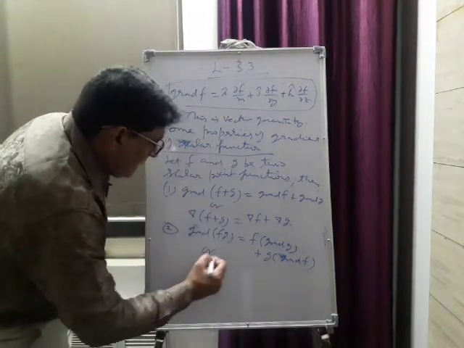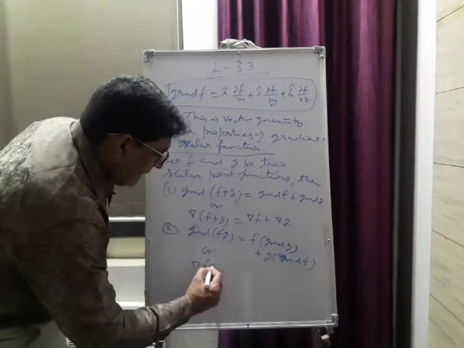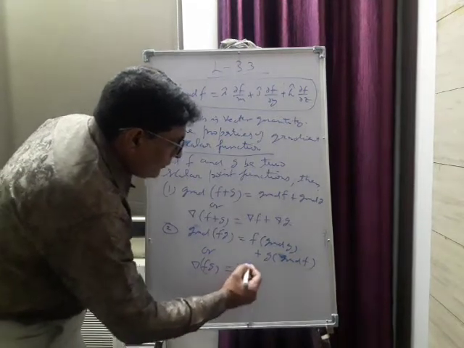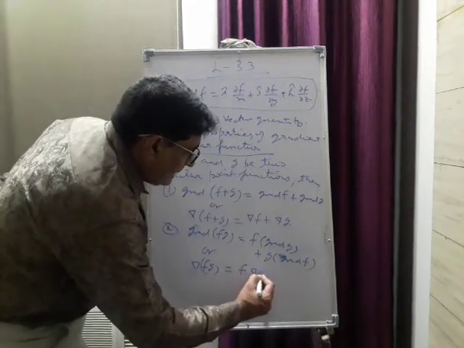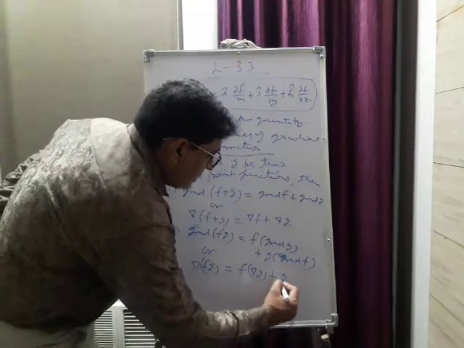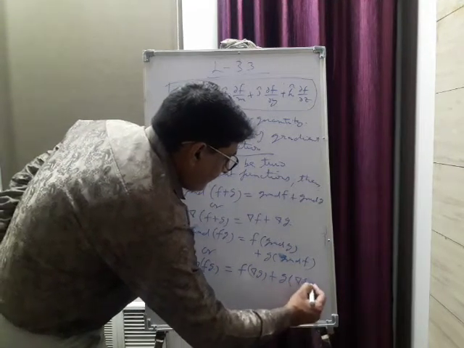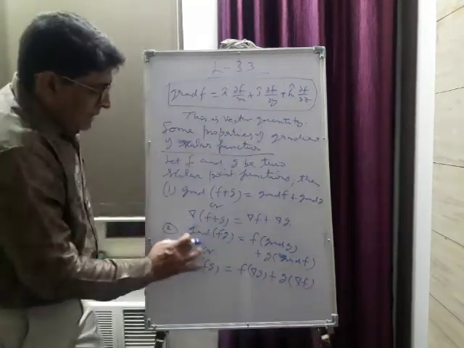This is also written as del of fg equal to f del g plus g del f.